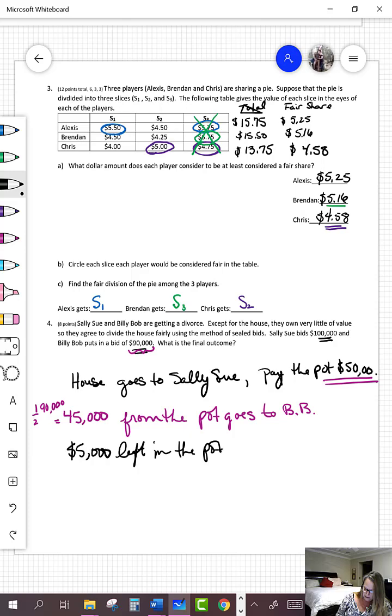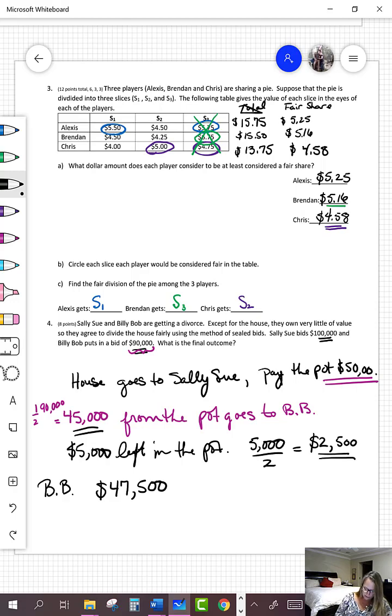So we're going to divvy that up among the players, and there's only 2 players. So 5,000 divided by 2 is equal to $2,500. So Billy Bob, BB, gets this $45,000 from the pot plus this $2,500 that was split up. So he is going to get $47,500.